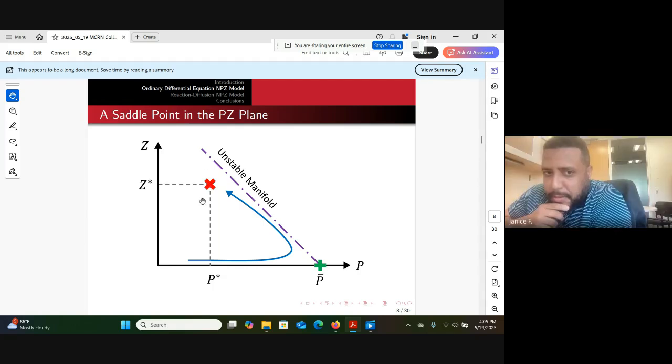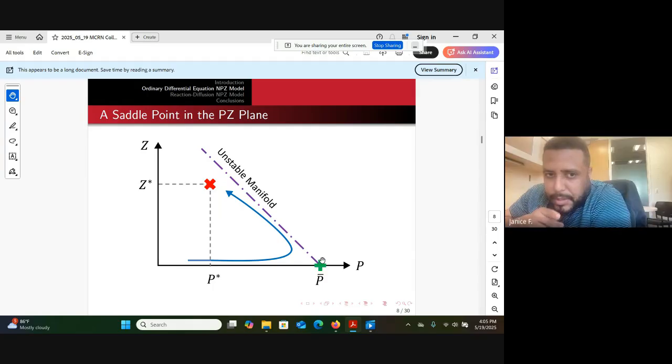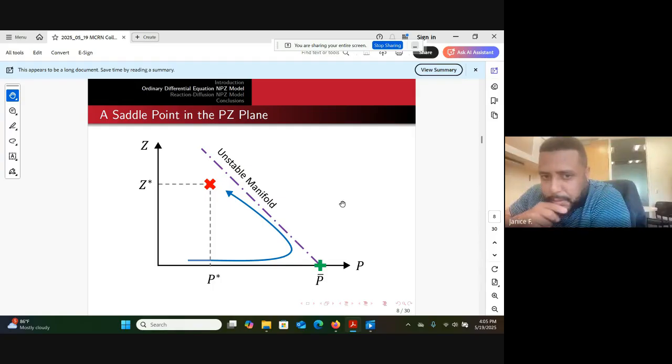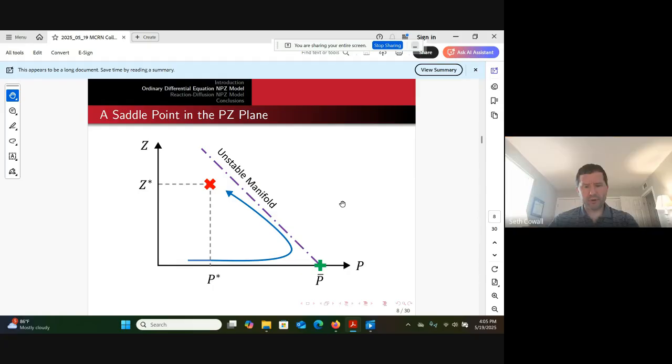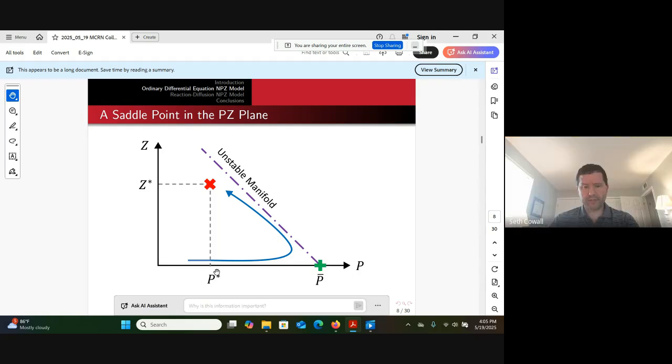There's P bar is stable. If you're looking at this one right here, P bar is a saddle. It's unstable because it's a saddle. So then you have this arrow going up to this thing, right? So then the direction going inside P bar is a stable direction, yes? What do you mean the direction? On the P axis.